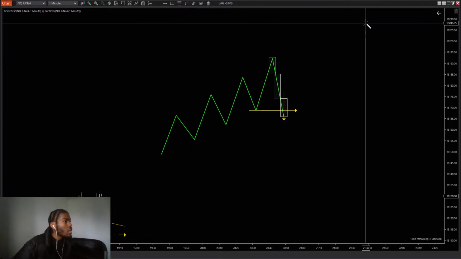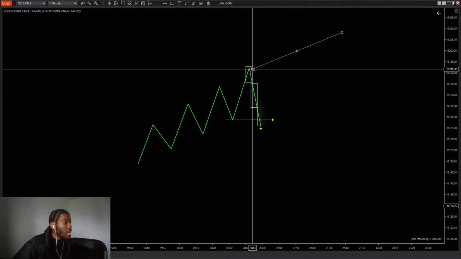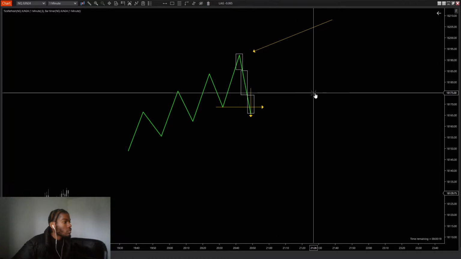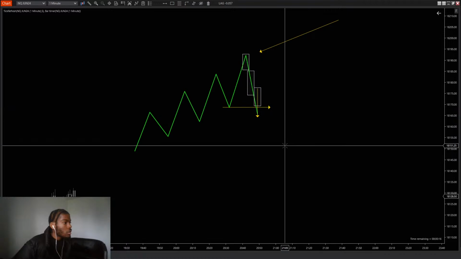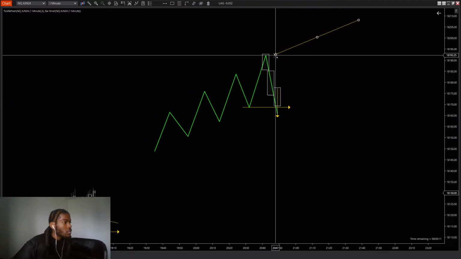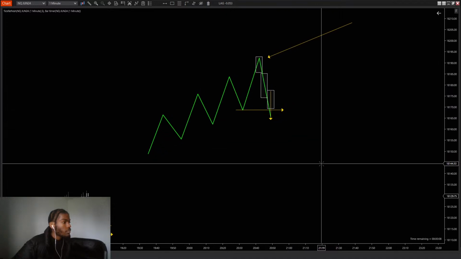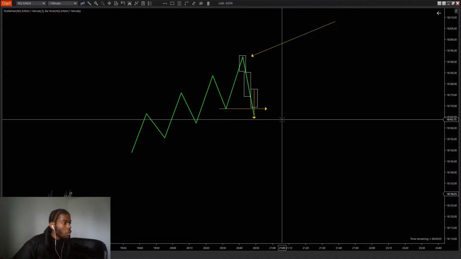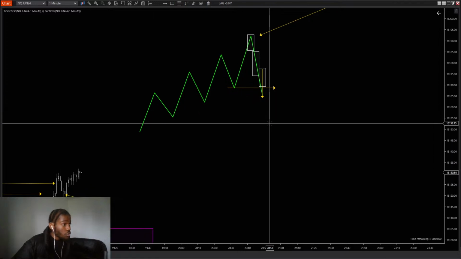It validates this high. This high is now validated. But let's say we only got a wick. This high is not validated. So body closures below and above previous candles' highs and lows are structural.